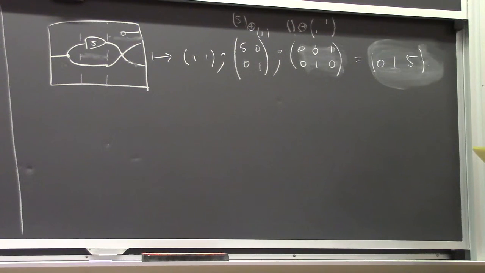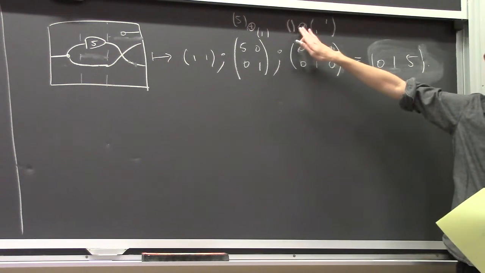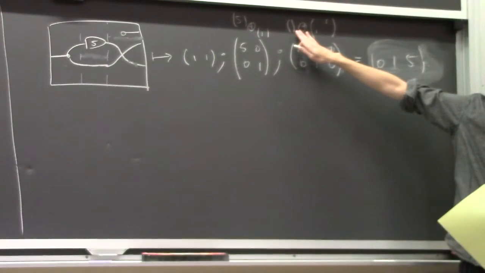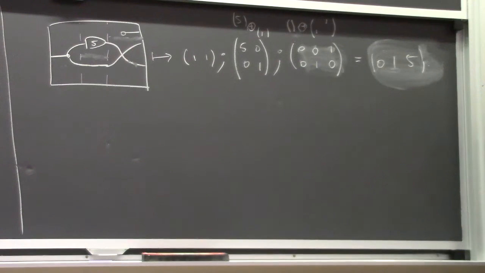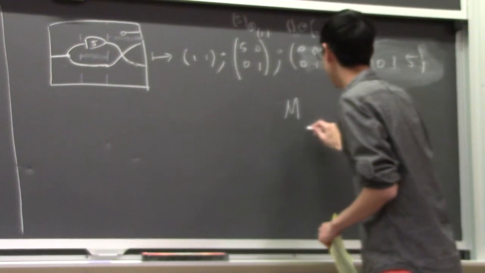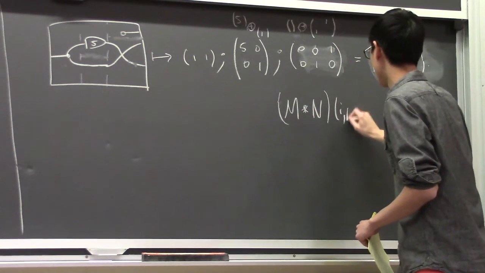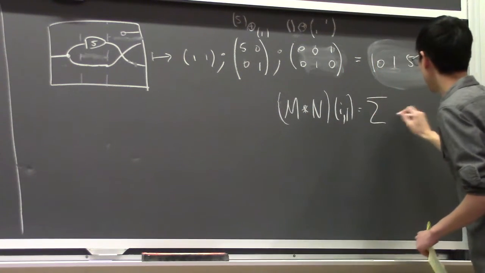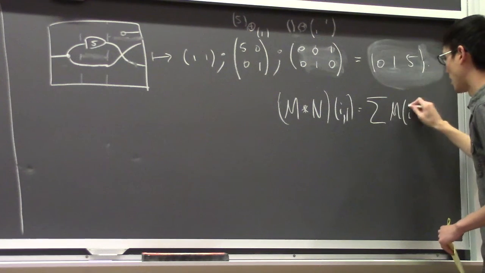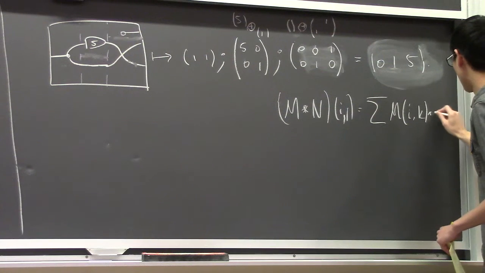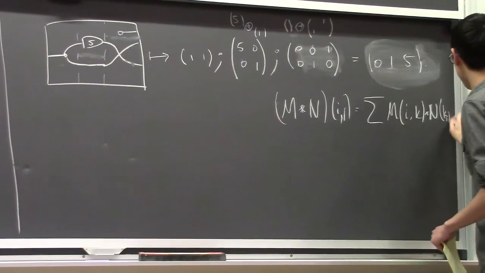Let's see. The reason, so when we're talking about matrices, we usually do not talk about 0 by n or n by 0 matrices. But matrix multiplication gives you this formula that if you want the ijth entry of some composite matrix, it's equal to the sum over k of m_ik times n_kj.